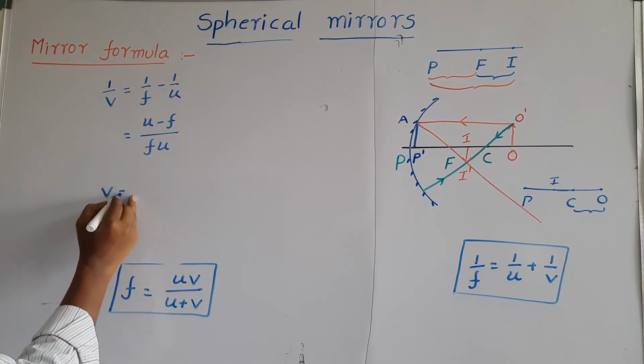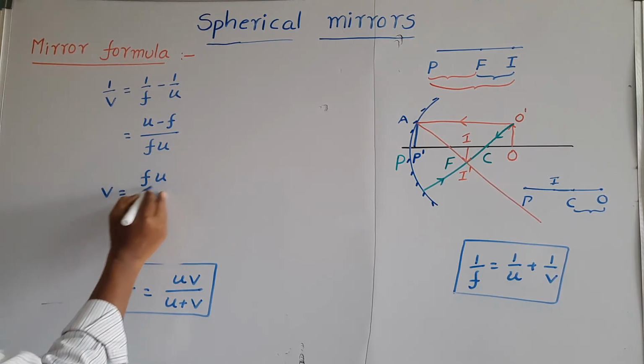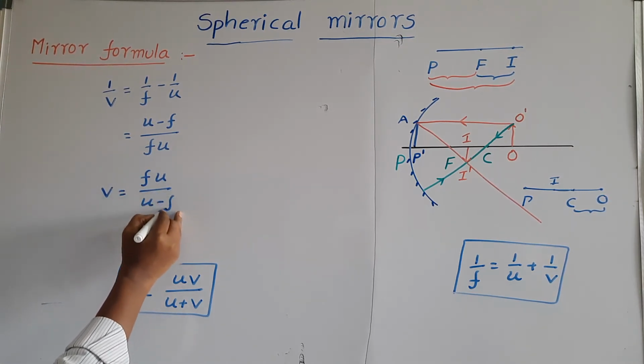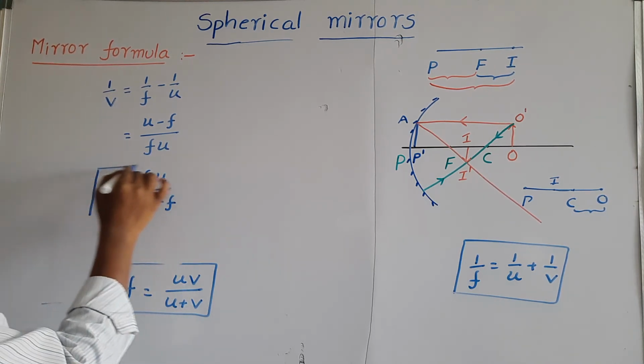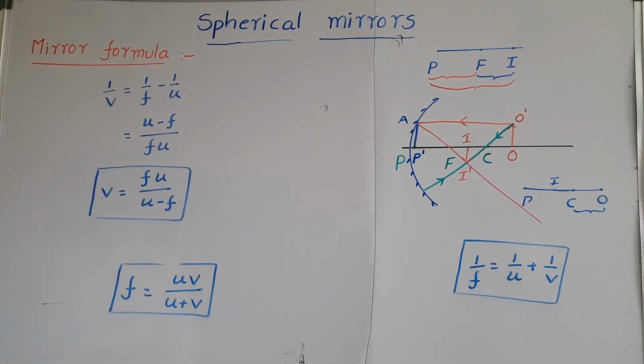Finally V is equal to FU by U minus F. This is the formula to calculate V value.